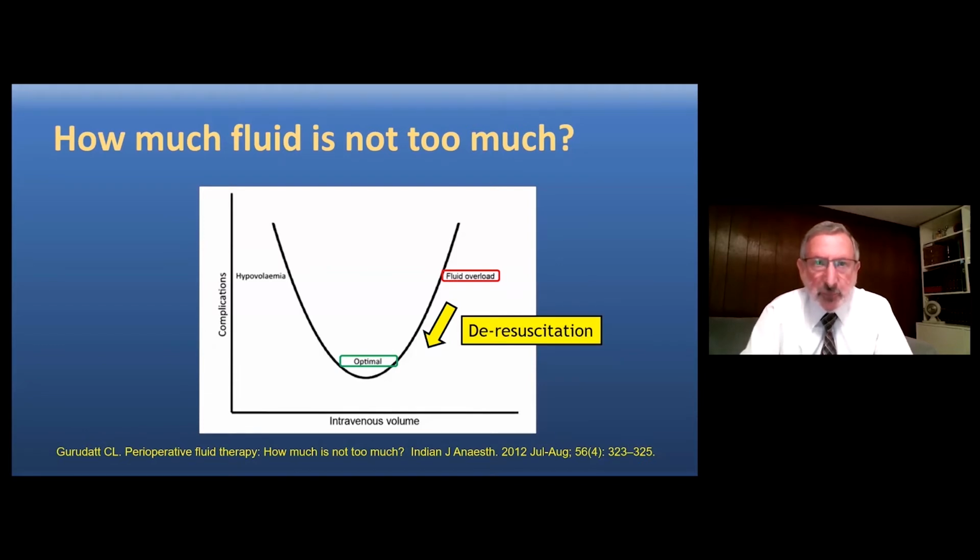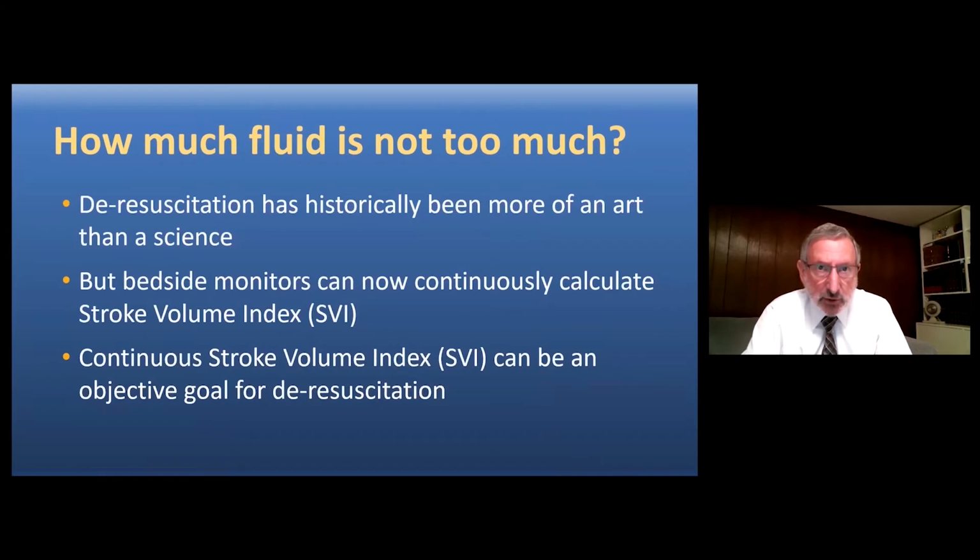Well, the question will always be, how do I know how much fluid to take off? How do I know I can reduce the pressors to that optimum level? And I'm convinced with the bedside work that we do and our nurses do, we're able to follow the patient's move to a de-resuscitated state by watching the SV and the CI.